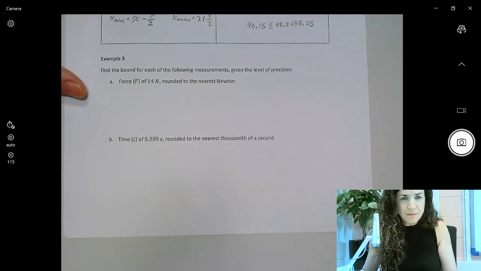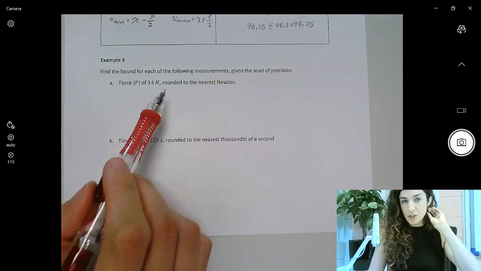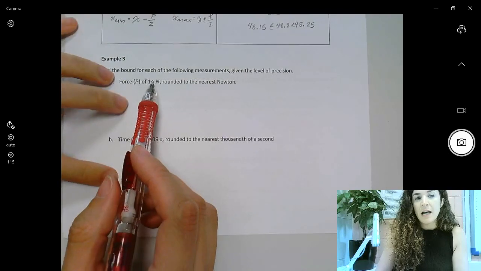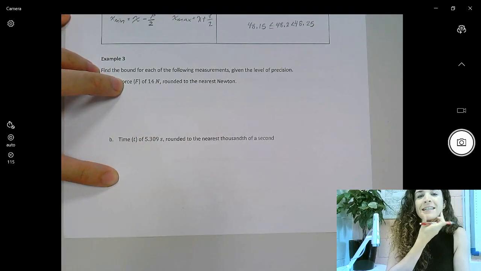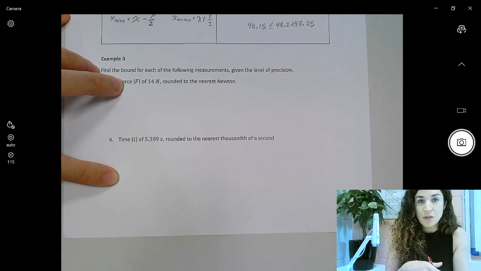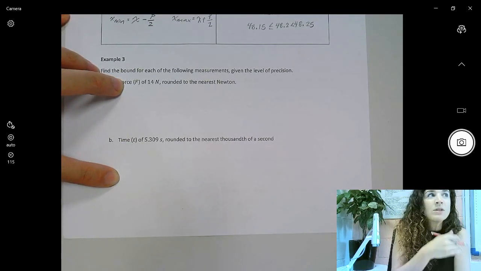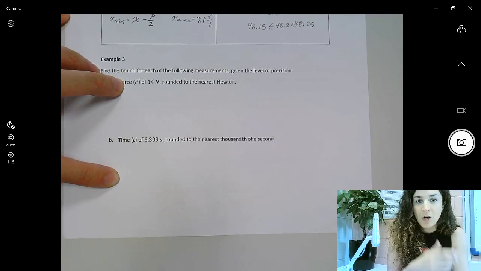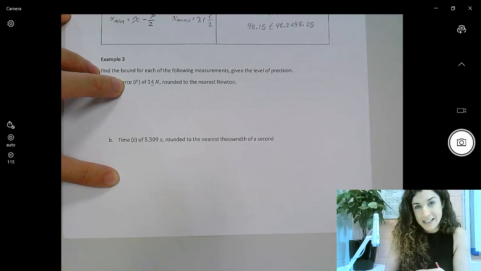So let's practice. We're going to find the bound for each of the following measurements given the level of precision. So we have force, which is newtons, and it says that the force is 14 newtons, rounded to the nearest newton. This can be confusing. If it's rounded to the nearest newton, it means it's rounding to the nearest whole number, which means we rounded to the ones place.